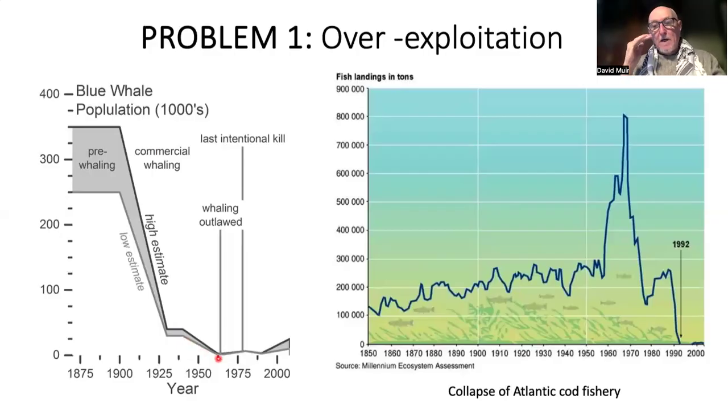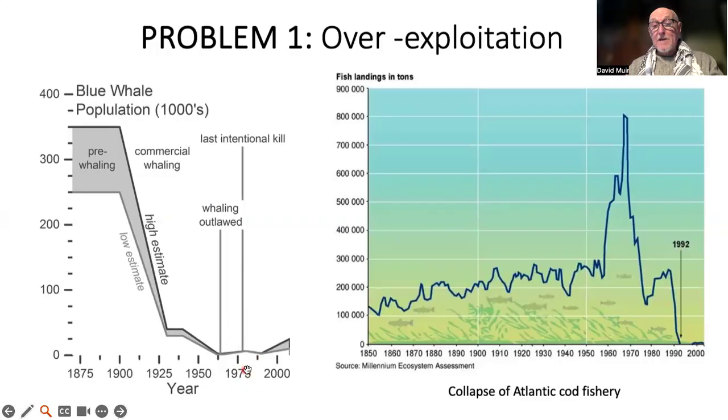And at the very last minute, when blue whales were literally in the hundreds, that was all that they were globally, they introduced a whaling ban on blue whales, not on everything, but on blue whales. And the last intentional kill of a blue whale was by Japan. Japan is a major whaling nation and still is.